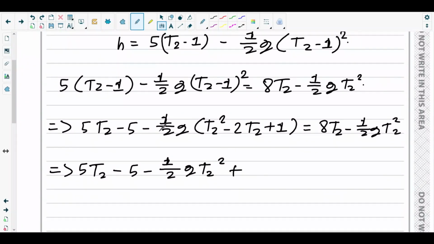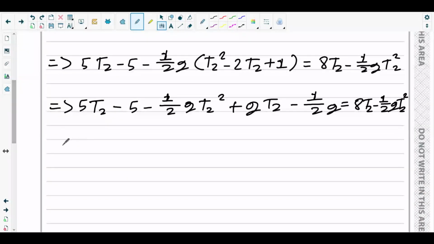So plus, negative half times negative 2, that is plus g t2 minus half of g. This equals 8 times t2 minus half of g t2 squared.